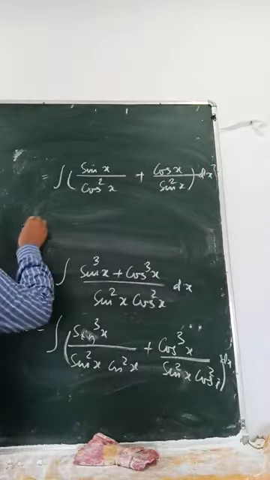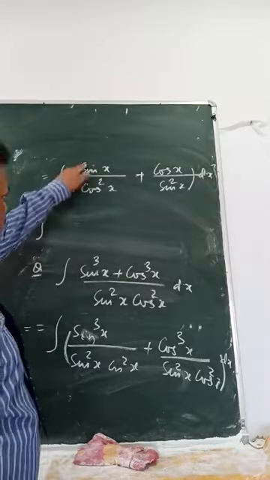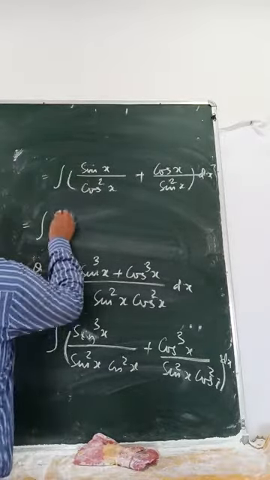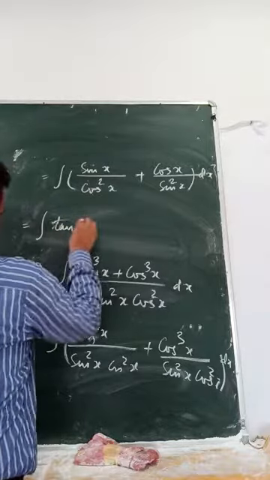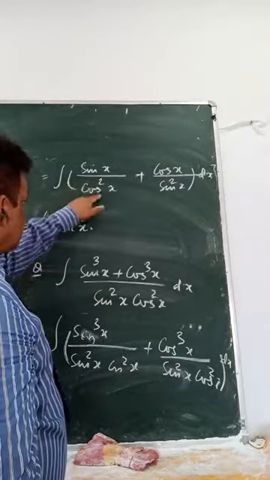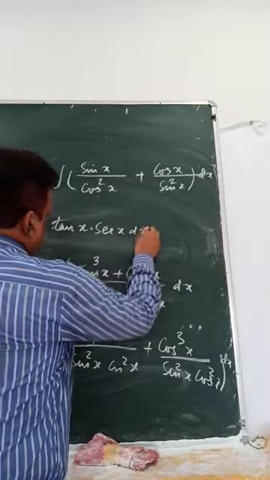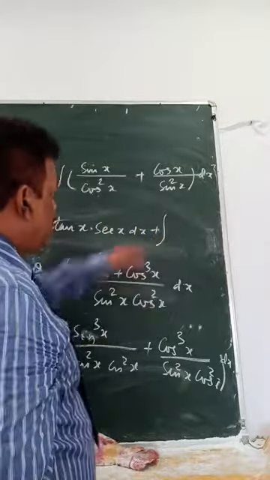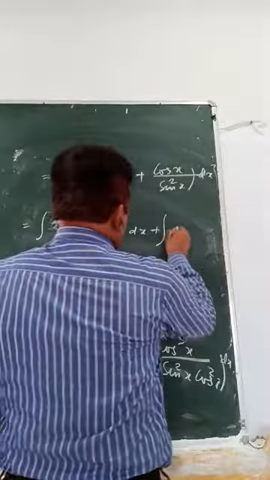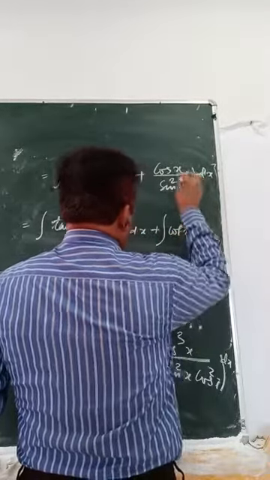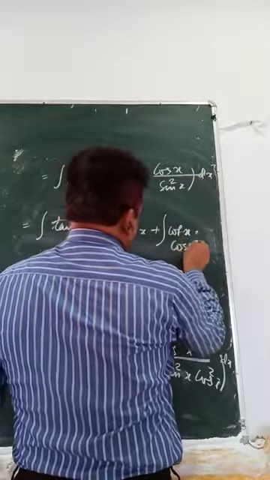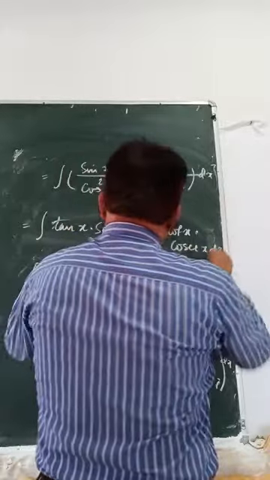So first, sin by cos is tan, and the remaining 1 by cos is sec. This is the same: cos by sin is cot x, into 1 by sin, which is cosec x. This is the direct formula I have given you.